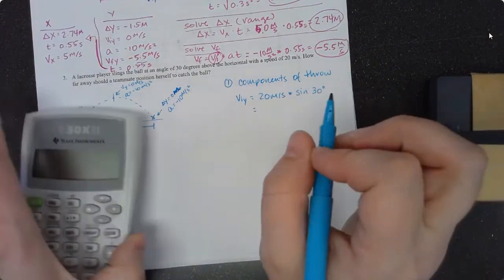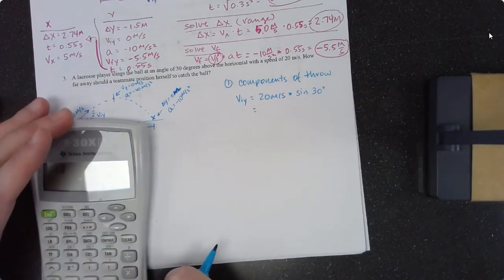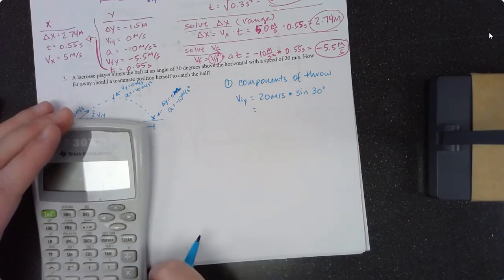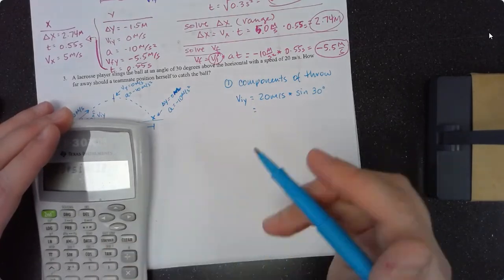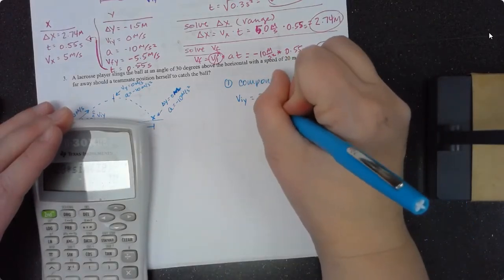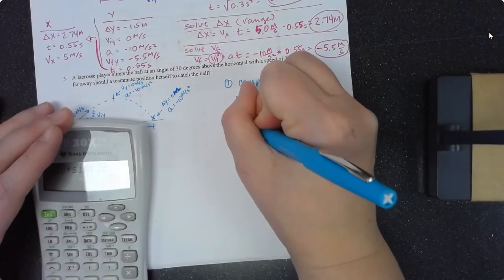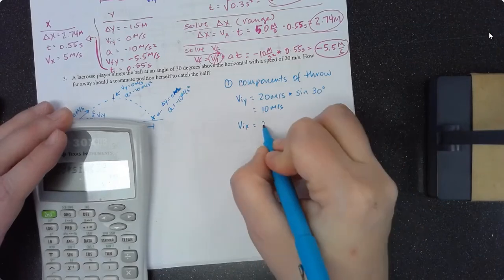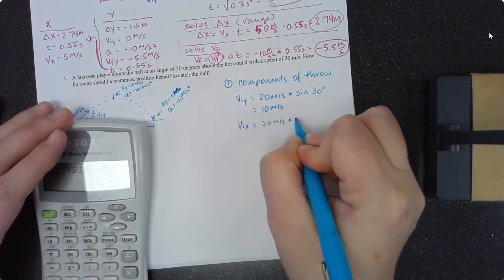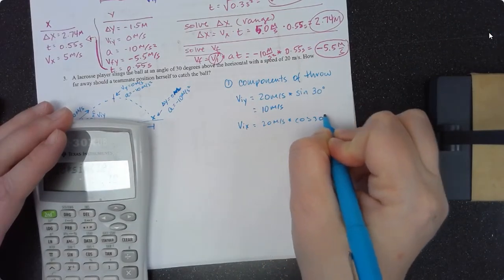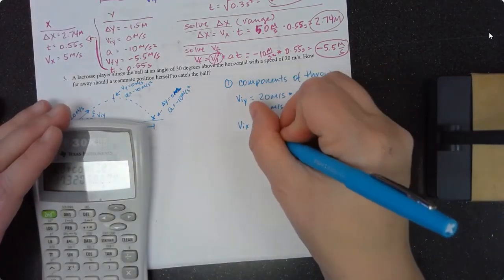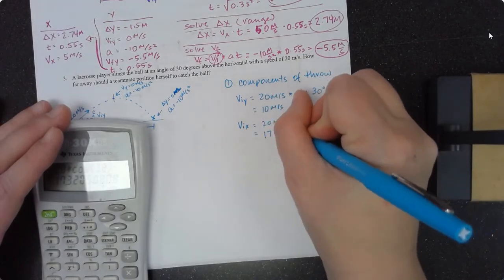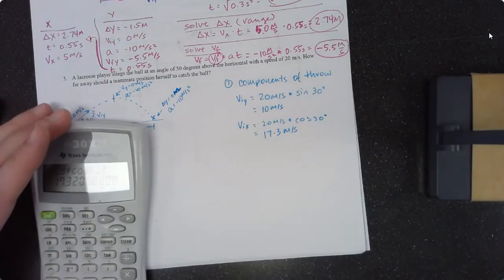If we solve for that, 20 times the sine of 30 degrees, it's going to give us 10 meters per second. And our initial horizontal velocity is going to be 20 meters per second times the cosine of 30 degrees, for 17.3 meters per second. So those are our initial velocities.